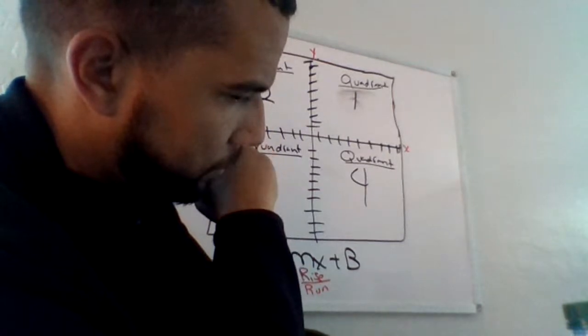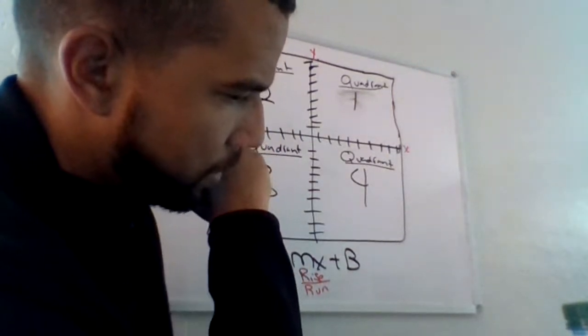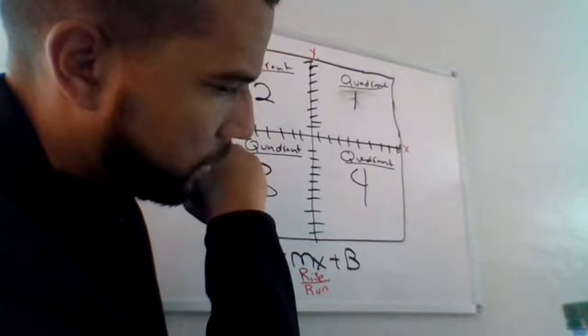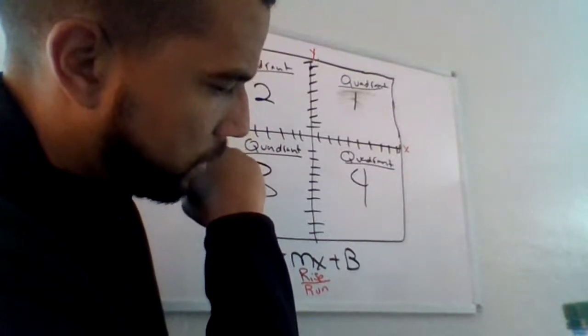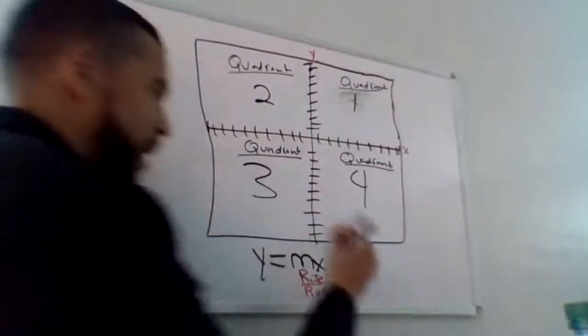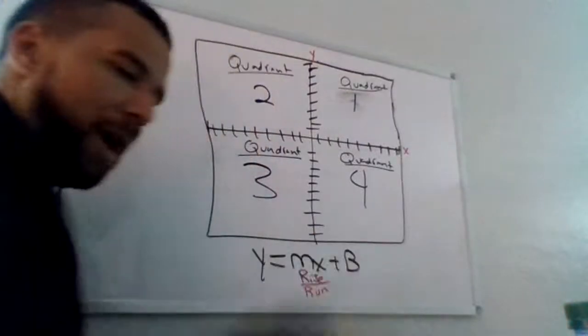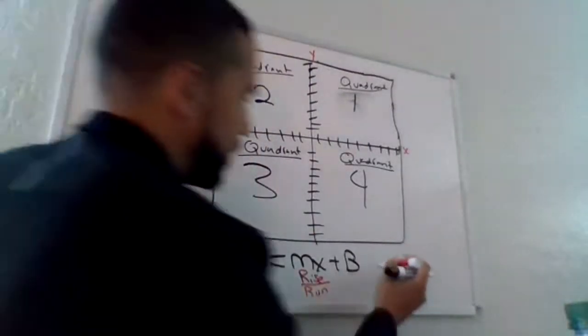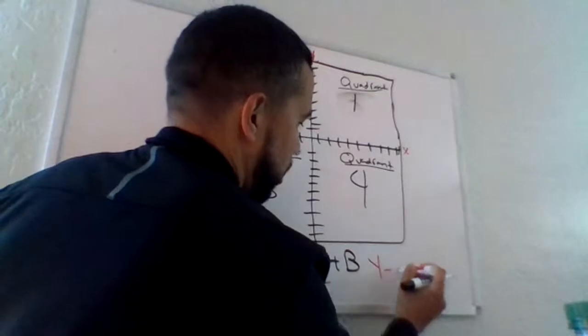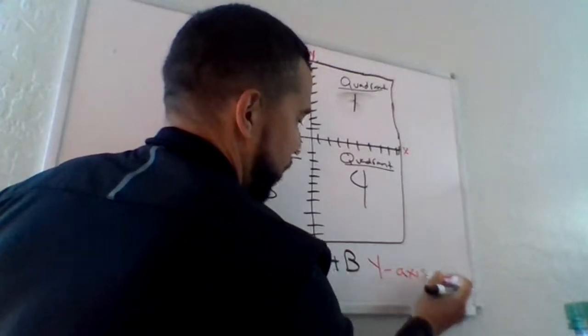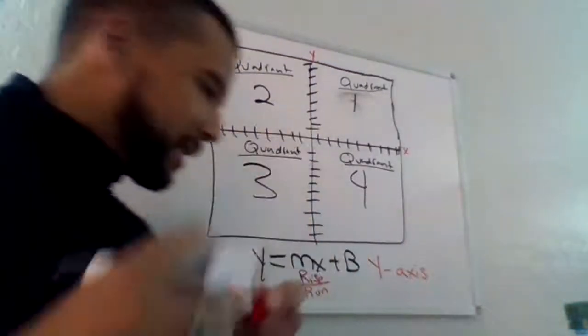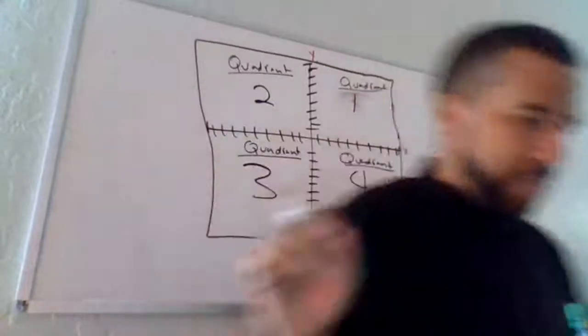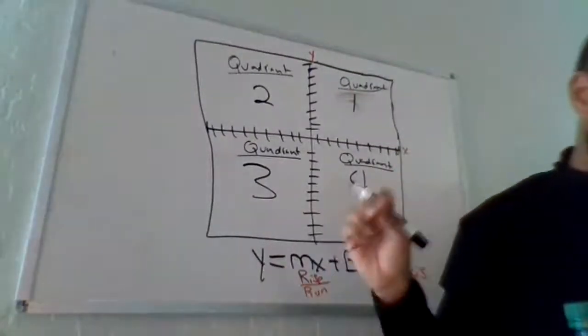The y-intercept is b, when x equals 0. Okay, so this right here is actually the y-intercept. So the b, this is where we're going to go on the y-axis, and we're going to plot whatever that number is, whether it's positive or negative. That's where we're going to plot it, and then that's where we move from.